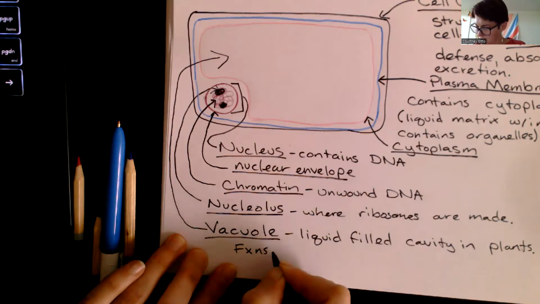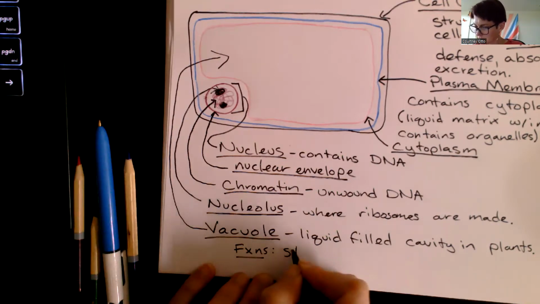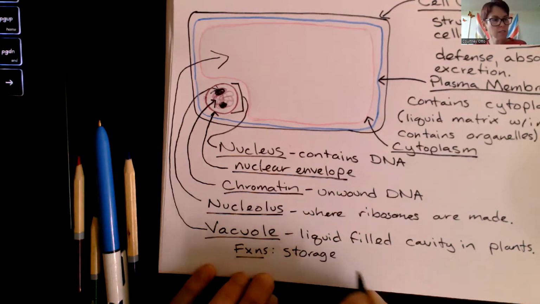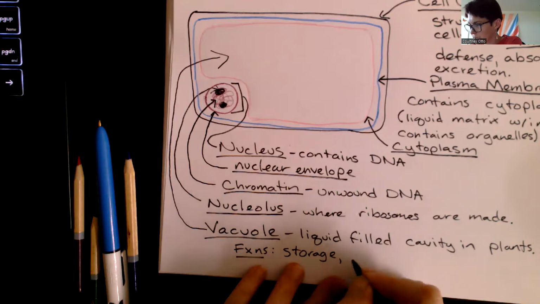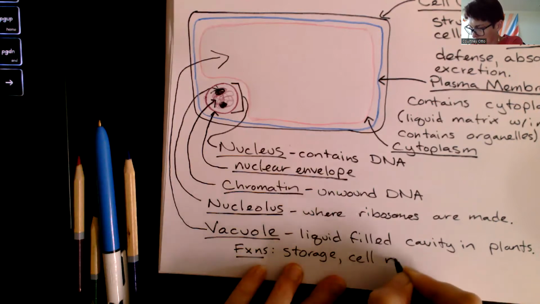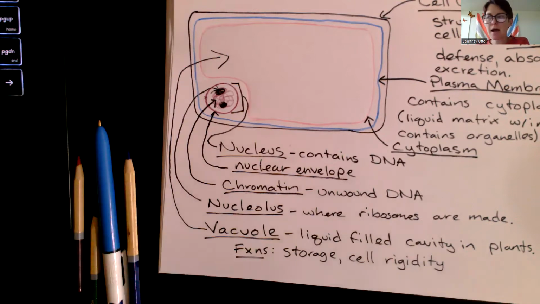As far as its functions, well, it functions in storage. Some materials can get stored inside that vacuole. It also functions really in cell rigidity. And you know this if you've ever grown plants, right? On a really hot day, how does the lettuce in your garden look? You know, if you haven't watered for a while, it probably wilts, right?